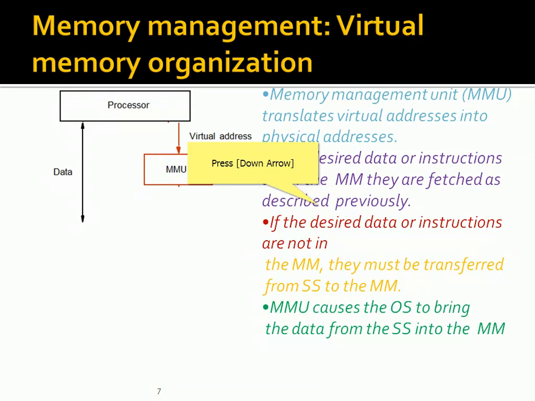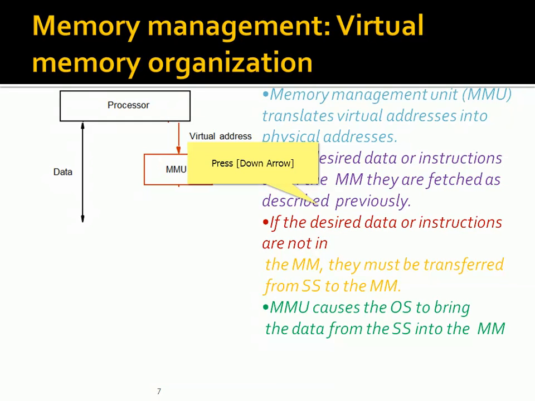The memory management unit is like an ambassador that sits between the processor and main memory, and acts as an assistant to the processor, synchronizing the data which is required by the processor.